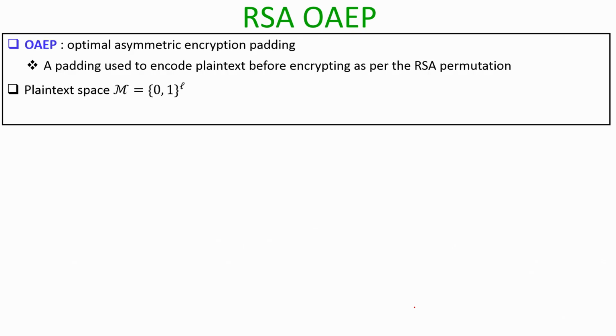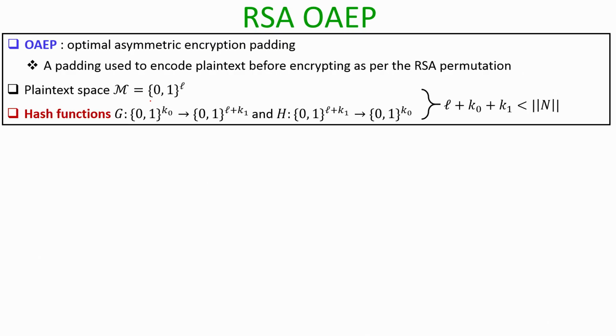The plain text space supported by this RSA-OAEP consists of bit strings of length little l bits, where little l is publicly known. In this padding scheme we assume that we know the description of some publicly known hash functions g and h. The hash function g maps bit strings of length k0 to bit strings of length l plus k1 bits.